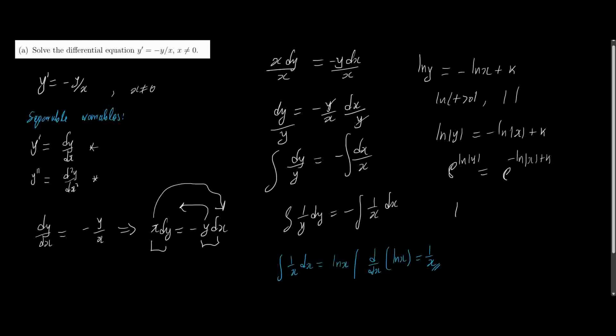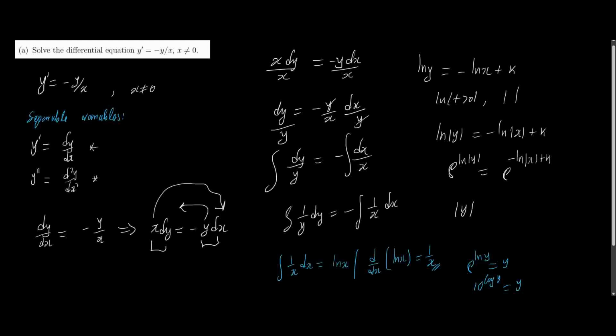Now the left side is the same as the absolute value of y, because there's a property which says that e to the ln of y is equal to y. Same thing with 10 raised to the power log of y is always y, because the bases are the same.